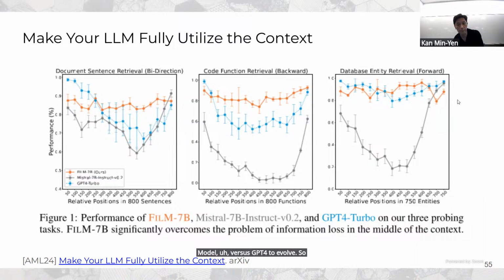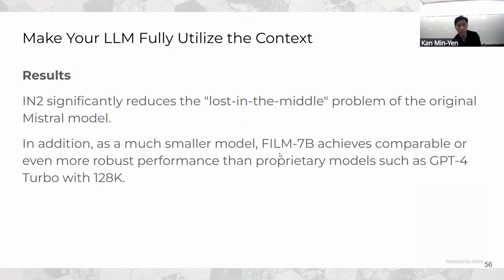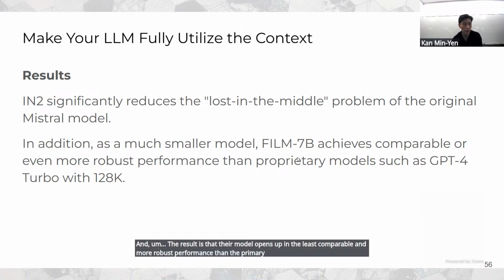So you can see the improved performance. And so it helps to reduce the lost in the middle problem. And the result is that their model, FILM 7B, achieves comparable or even more robust performance than proprietary models such as GPT-4 Turbo.